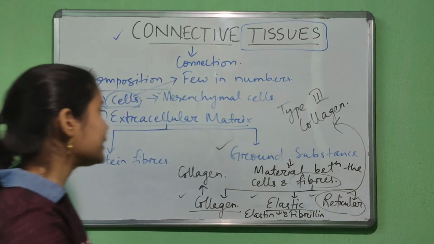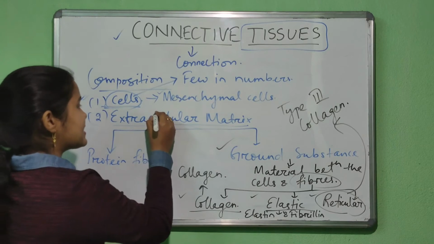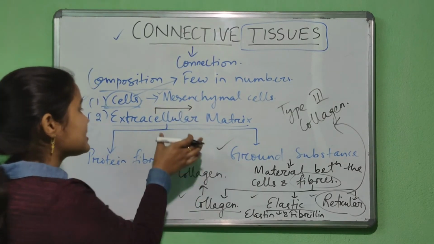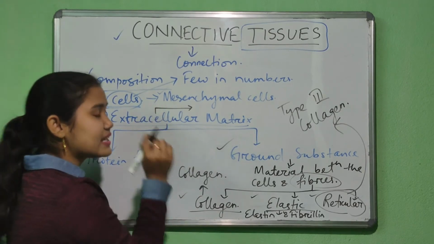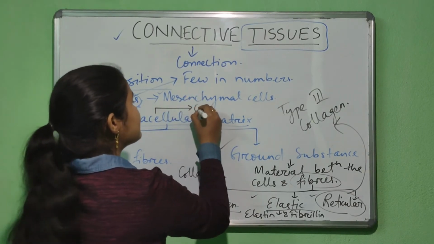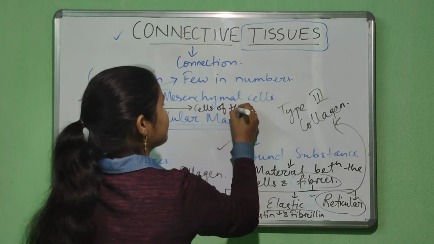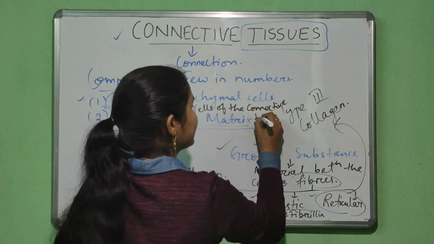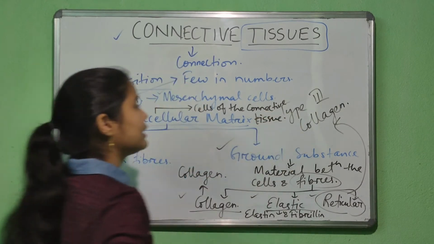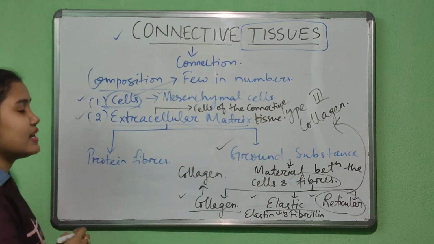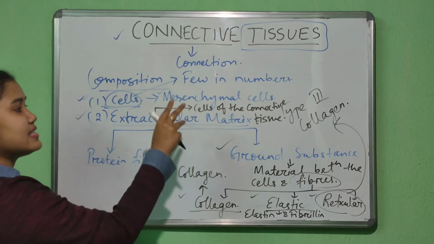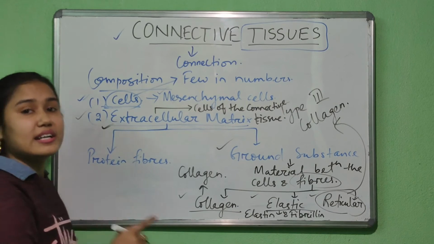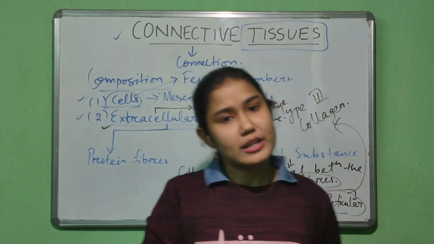Clear? Now where is this extracellular matrix derived from? This extracellular matrix is secreted from the cells of the connective tissue, and this extracellular matrix determines the quality of the tissue.